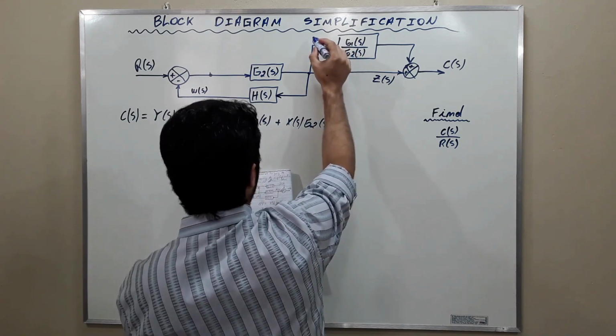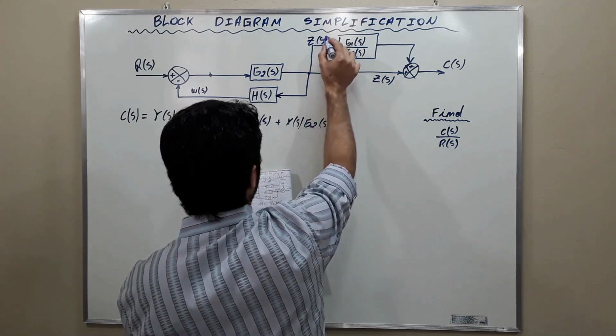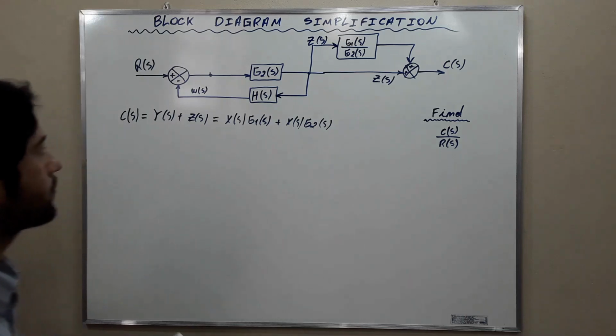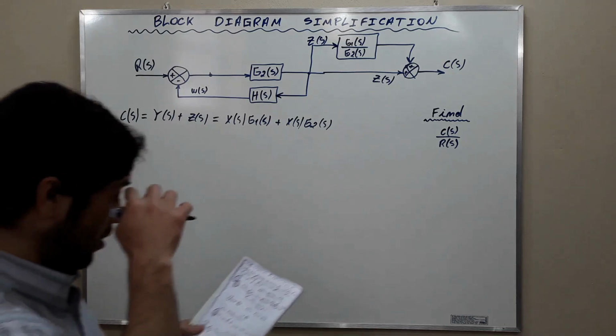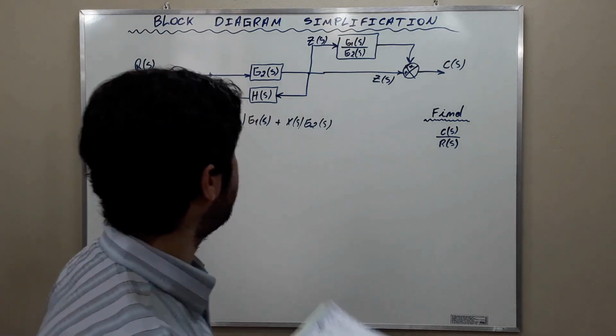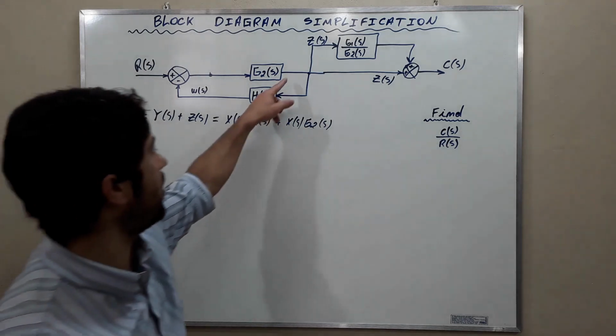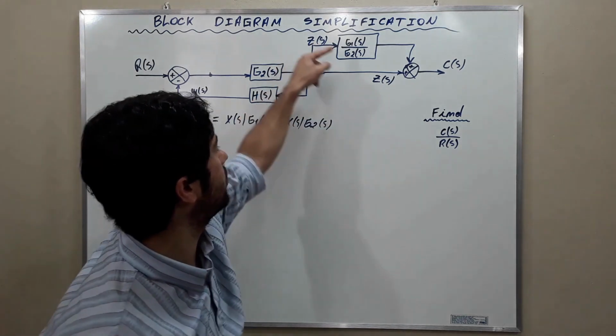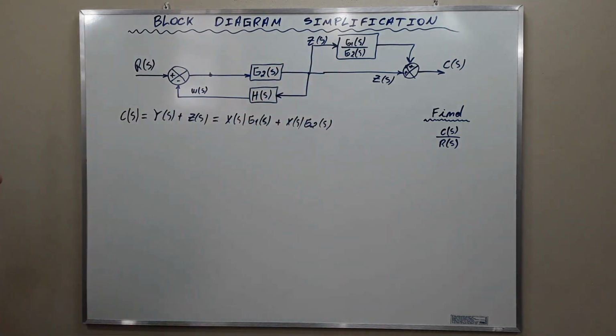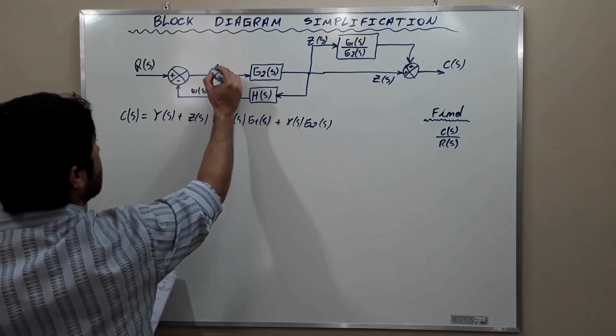This is Z of S. Z of S goes here and goes here. Alright, everything is correct. Here is X of S.